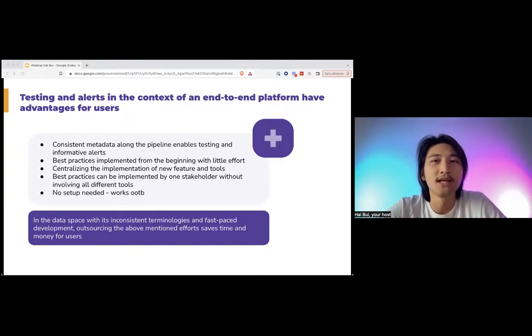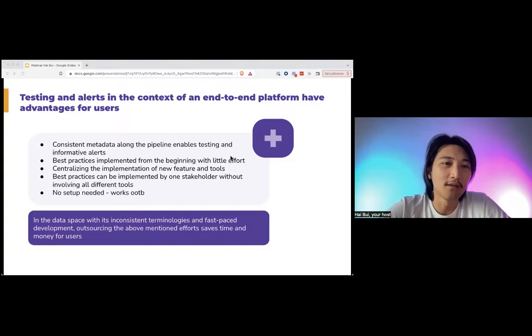The downside would be that it's very opinionated, so you can't use the exact solution that you want. But then the big upside is that you don't have to set up anything. All the best practices are already implemented from the beginning with very little effort. So even at the beginning of your data journey, you would have all the best practices already in that platform.